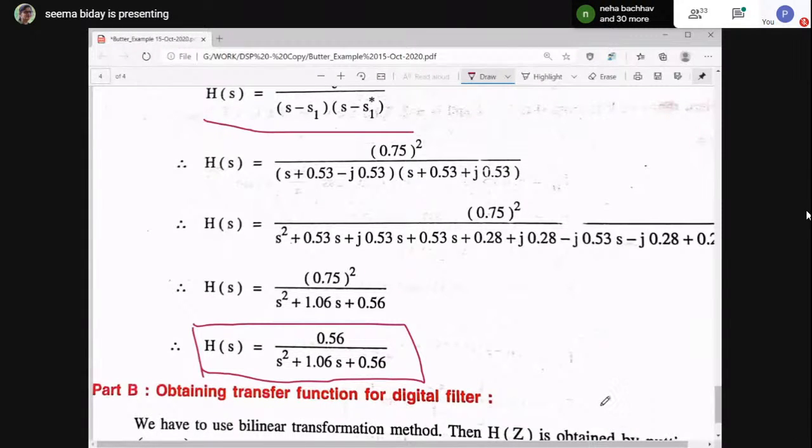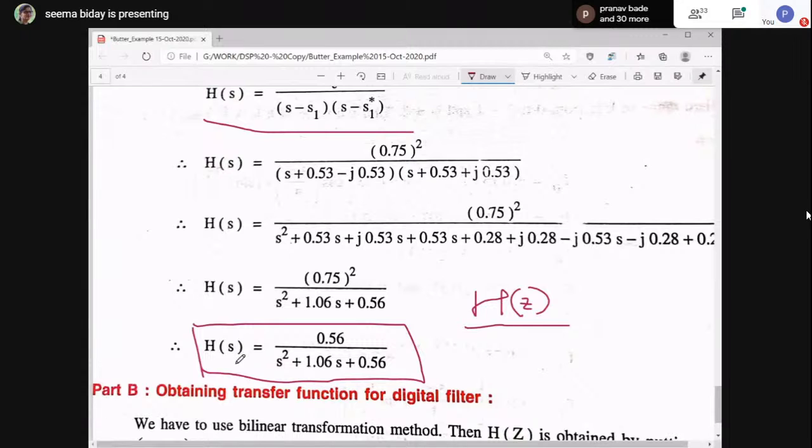You have to convert it to the digital domain. So you have to map from H of s to H of z, because we are studying digital signal processing and digital filter design. Our aim is to determine H of z and not only H of s.